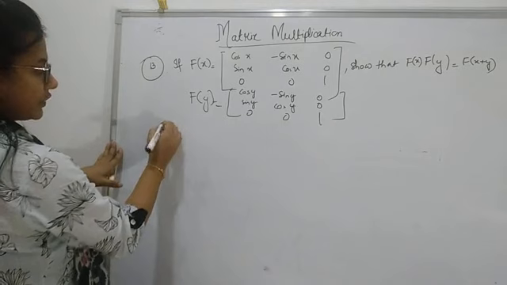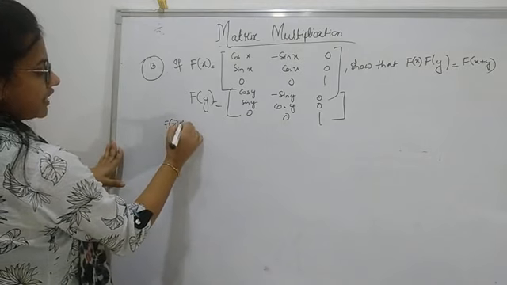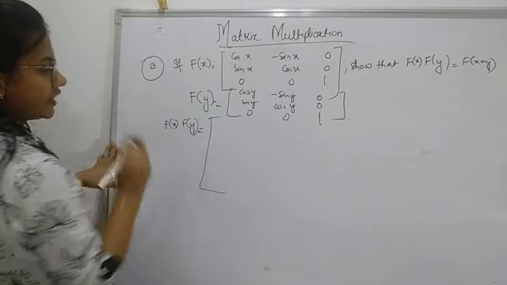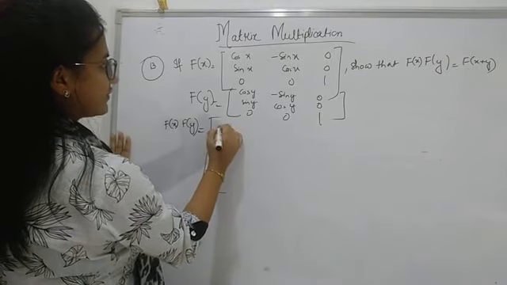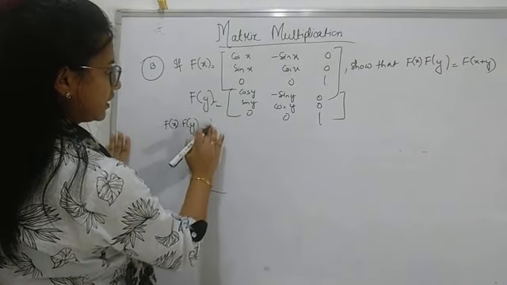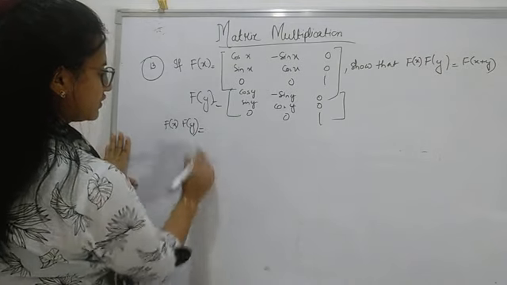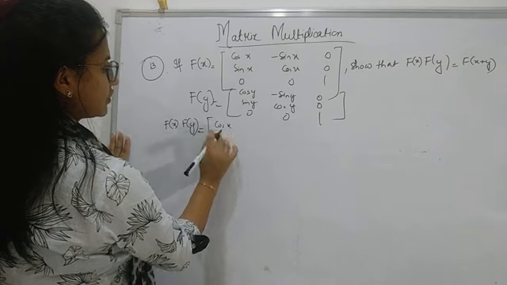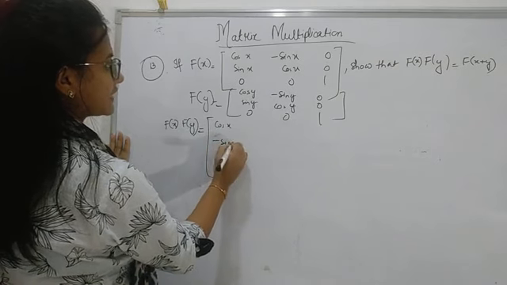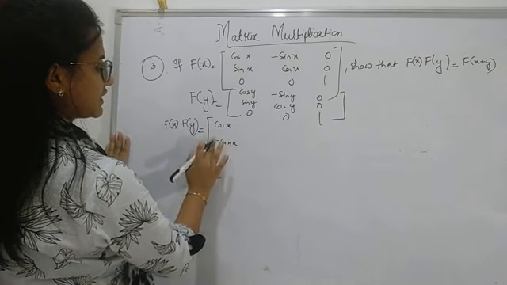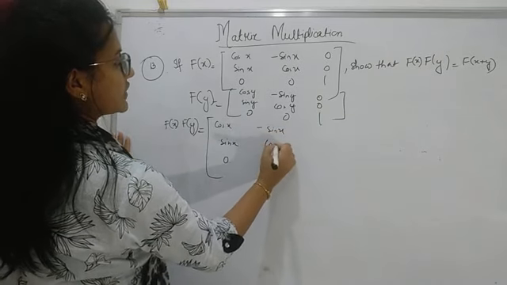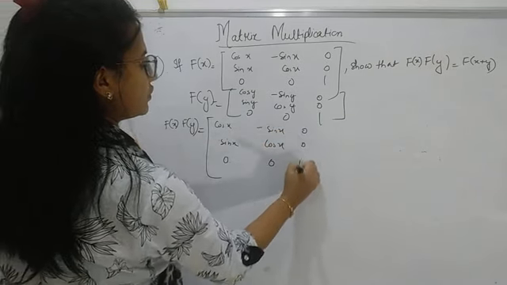So now what do we have to do? f of x into f of y. So what is f of x? I am writing it here. Suppose this is f of x: cos x, minus sin x, 0, sin x, cos x, 0, 0, 0, 1.